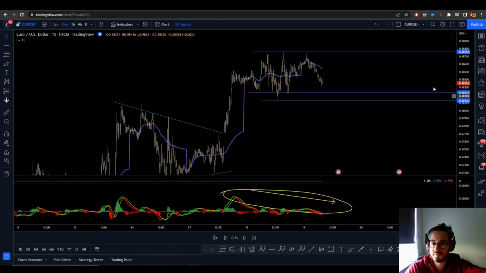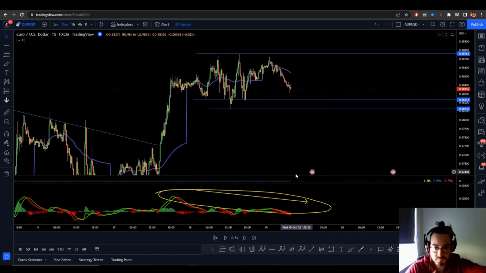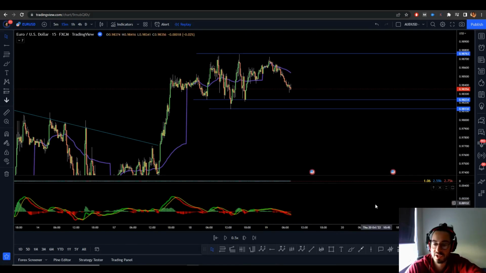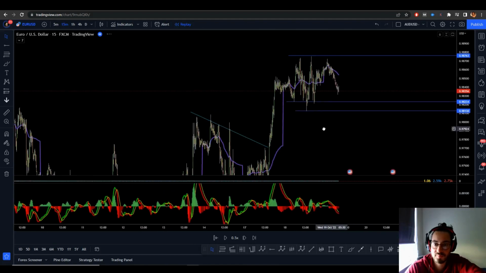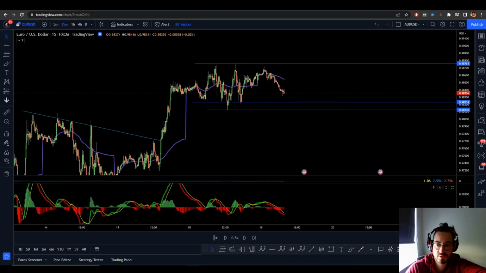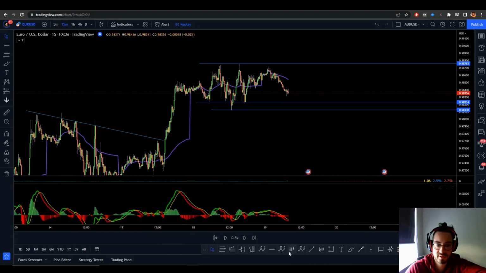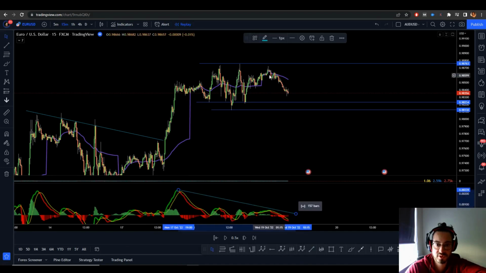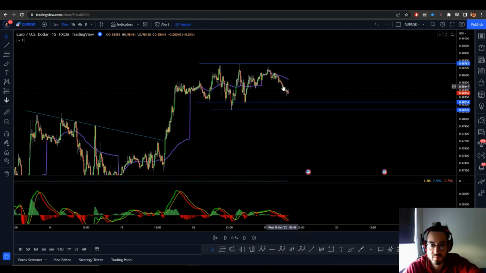So let me go down to the 15-minute, because this is where we will find some very precise entries, or the 5-minute even. But here in the 15-minute, take a look at what's happening as well. You can clearly see that the market has no momentum. There's big divergence. So this is another confluence, another parameter to your trading idea that is showcasing that, okay, the market is weak right now.